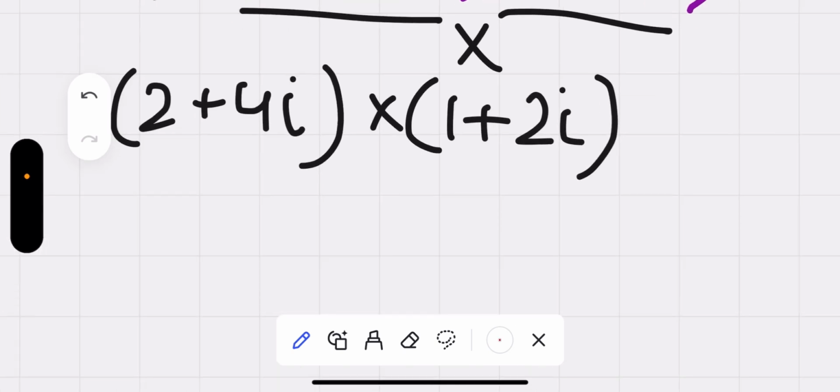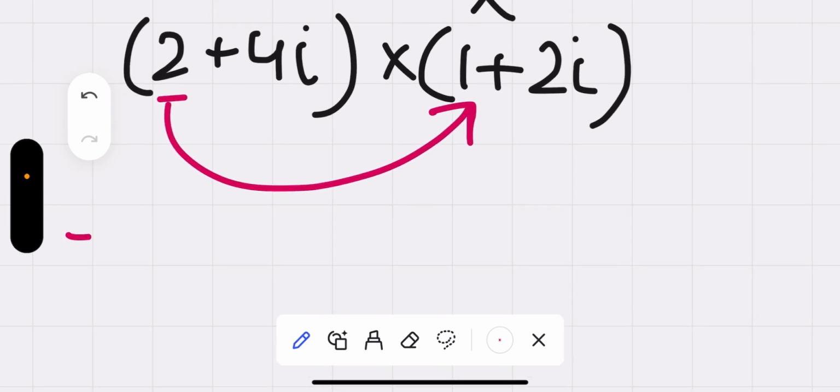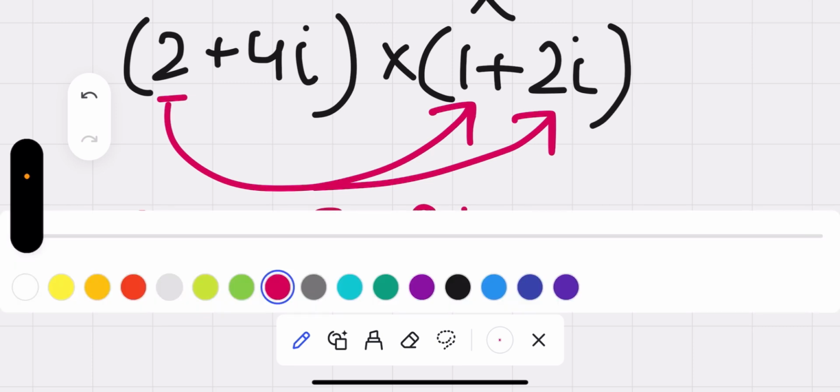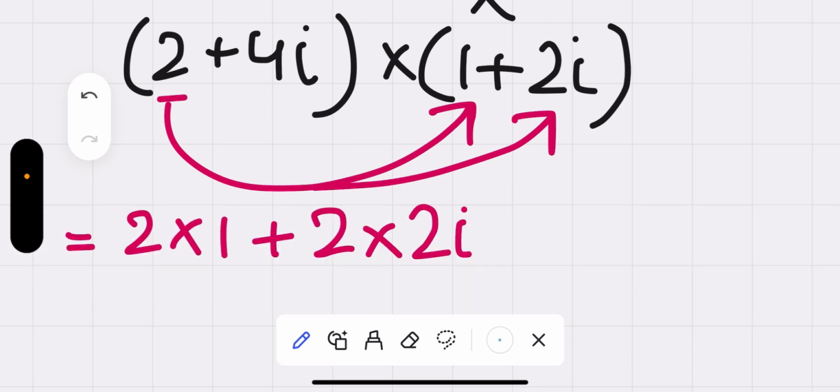It's very simple. First, this digit will multiply with all the terms of the second bracket. So 2 multiply 1, plus 2 multiply 2 iota. Next we have this 4 iota. This will be multiplied with all the terms of the second bracket.